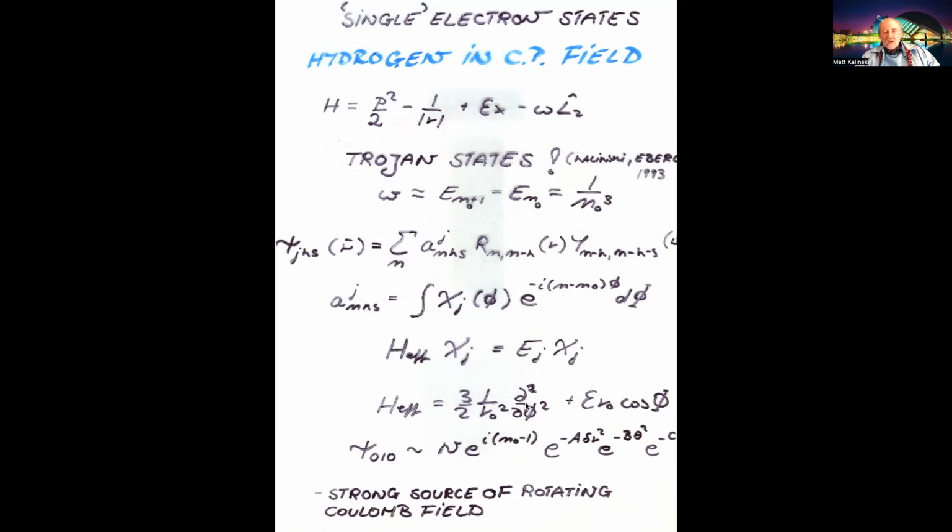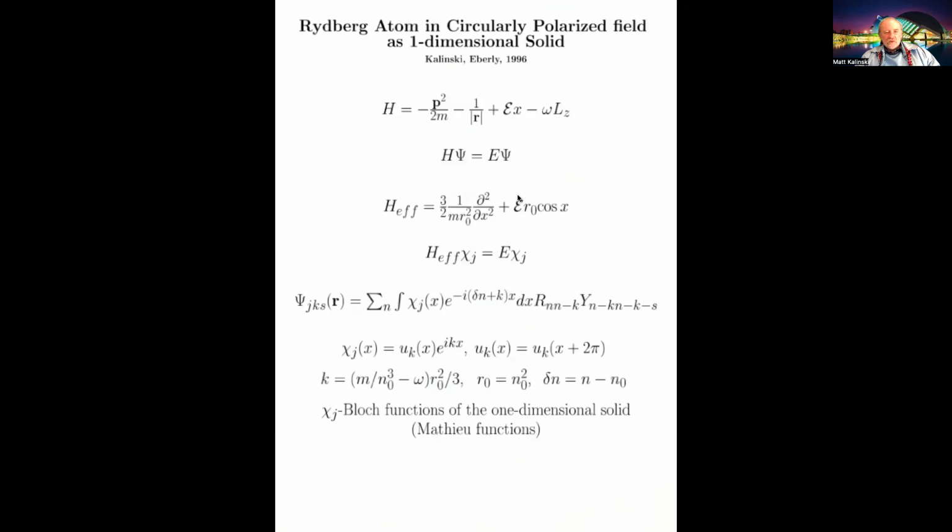Okay, and so you can also look at the Trojan wave packet as the eigenstate of the one-dimensional solid. You will see it clearly if you consider the tuning between the energy levels of the hydrogen, because the Trojan wave packet is centered, in the sense of the theory I mentioned with the hydrogen basis, around the resonant level.